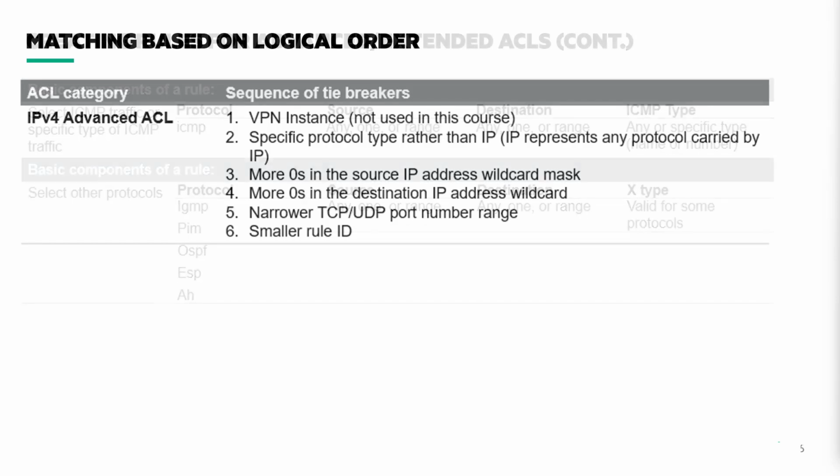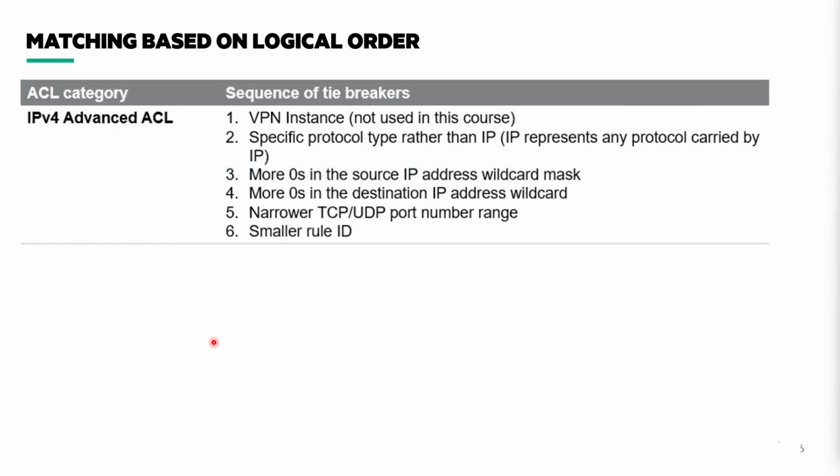Now we also have auto mode here. Again, remember, we have an implicit permit any at the end of the access control list in all Comware types. If you use the auto mode, it will go VPN instance first, then specific protocol type rather than IP. So if you have a very specific protocol, that will be tested first.